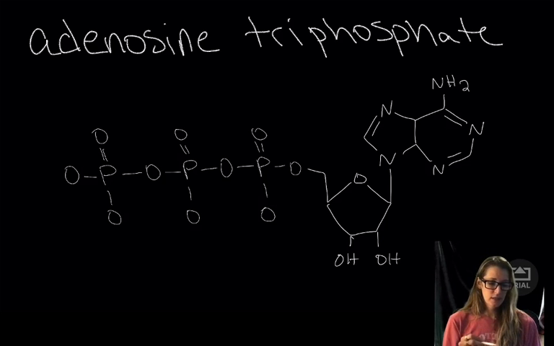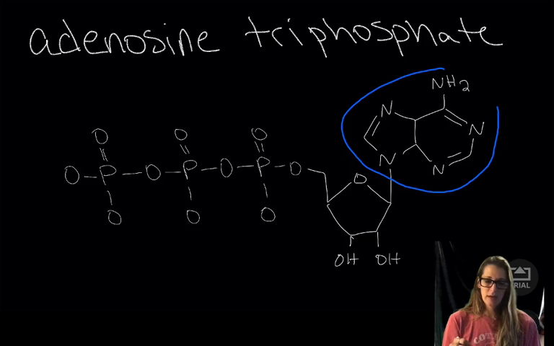The reason that's its name is because this right here, you might recognize from genetics. This is adenine. You might recognize it from our earlier lectures when I pointed out this structure. This is adenine, so this is a base.